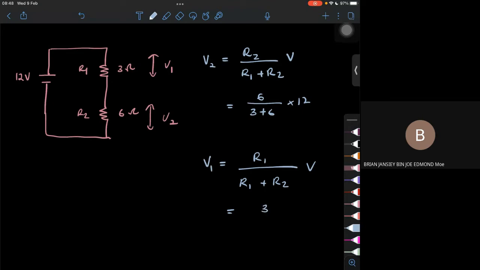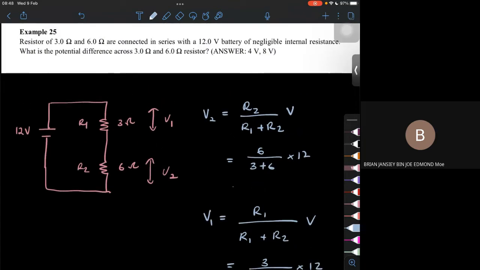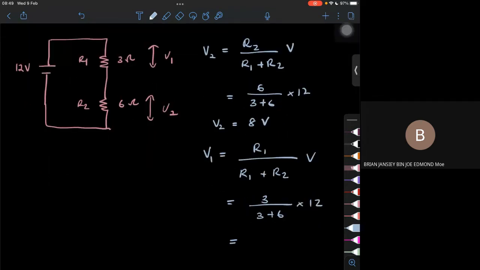This one 3 divided by 3 plus 6 times with 12. So you should get V2 is equal to 8 volt. Okay, cuba double check. V1 should be equal to 4 volt.